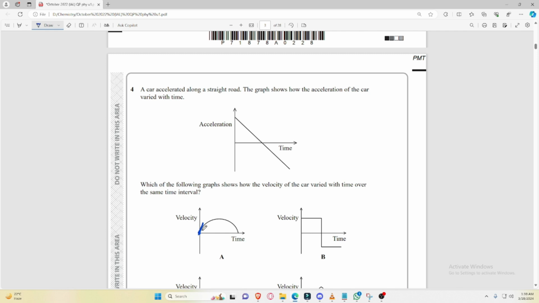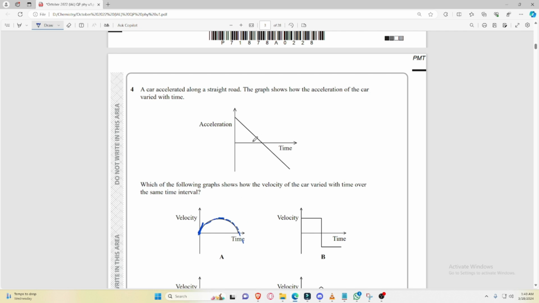So for the first graph, the gradient is maximum at first, and then the gradient slowly decreases, eventually becomes 0, and then it again increases. Gradient starts increasing but in the negative direction. That means the values will be negative.